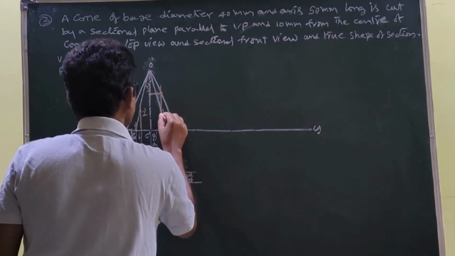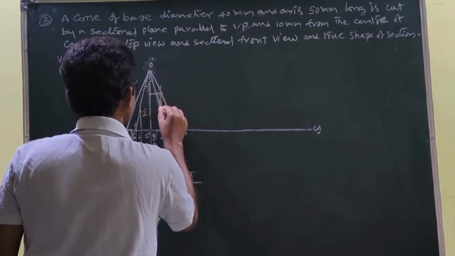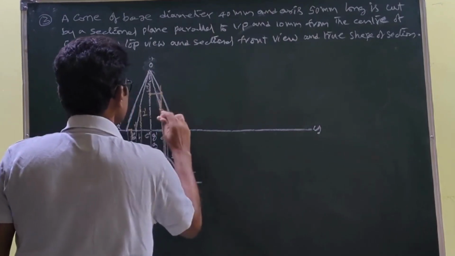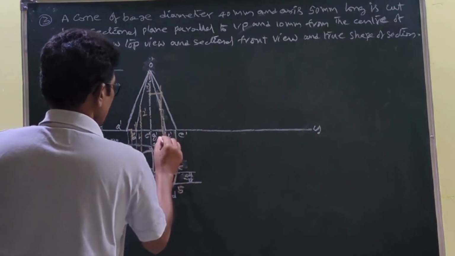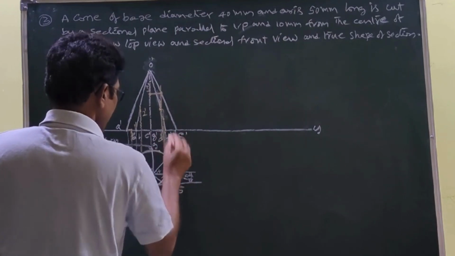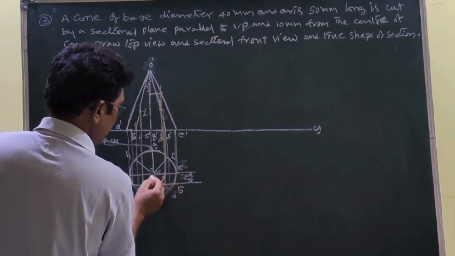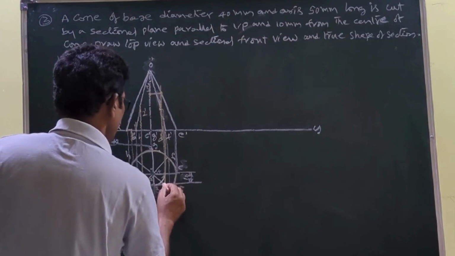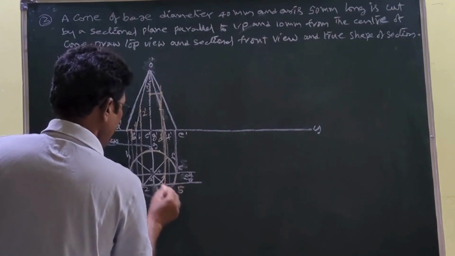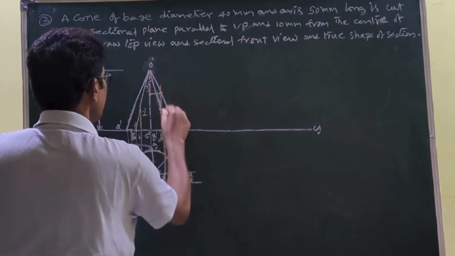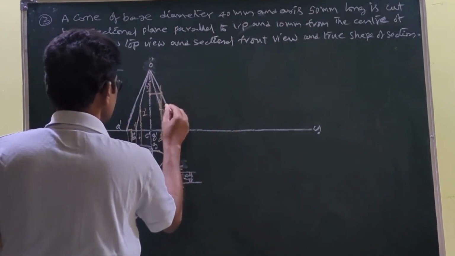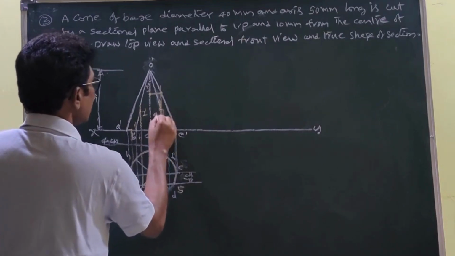Maybe it is intersecting like this at this point. This is the D dash, F dash. So the generator is OD, so this 4 is intersecting OD. So this is extended until it intersects the DO generator. This is intersecting at this point. This is the 4 dash.